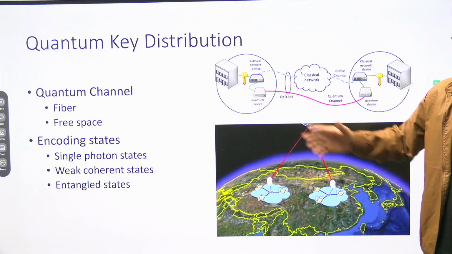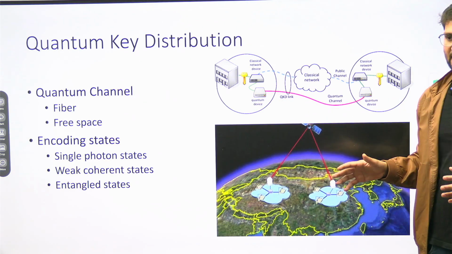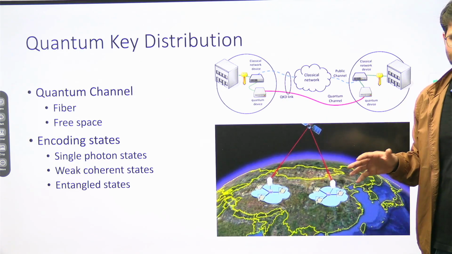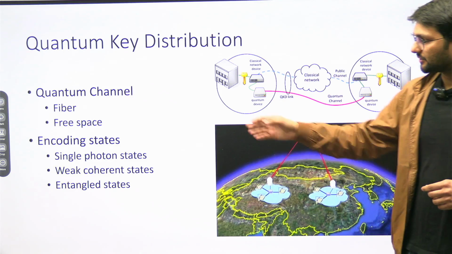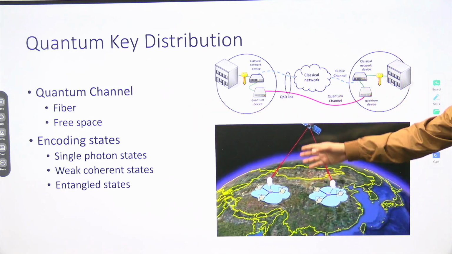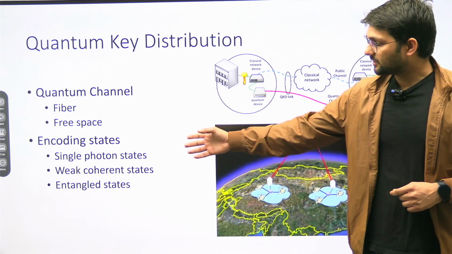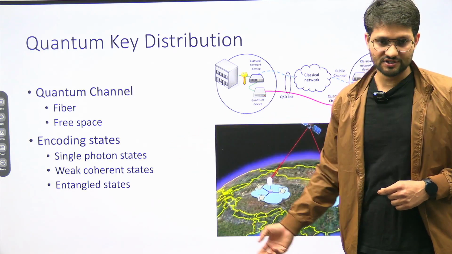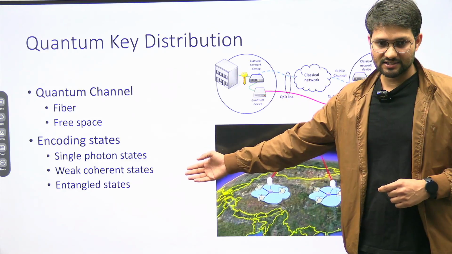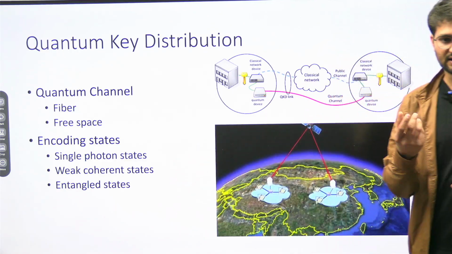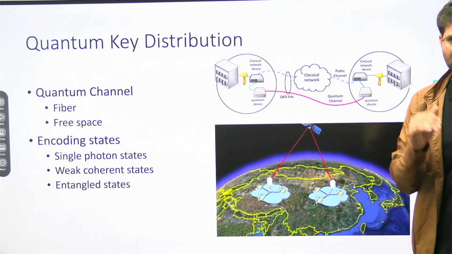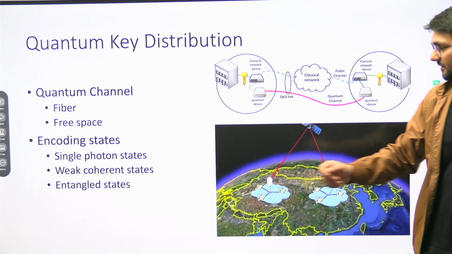This QKD can be done in various ways. You can use fiber, since a large amount of telecom fiber is used for internet communication. You can use free space for long-distance quantum communication. You can encode in terms of single-photon states, or use weak coherent states, which basically means taking a classical laser and attenuating it to a sufficient level.